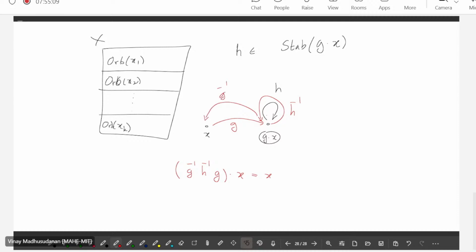Back to X. So you're saying that G inverse H inverse G belongs to the stabilizer of X. That means H inverse belongs to G stabilizer of X G inverse, or equivalently, because the subgroup H belongs to the same thing. This is also a subgroup. So if H inverse is there, H is also there.